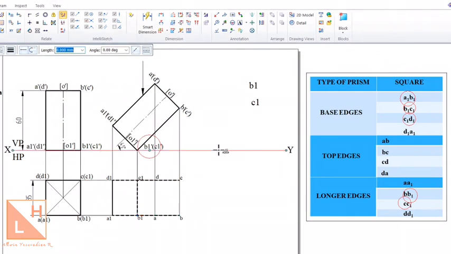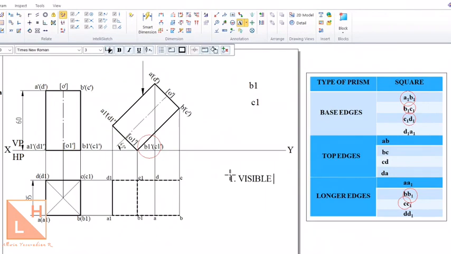But remember, while you are drawing the different types of lines in the projections, that is orthographic projections, you must remember that the first priority will be given to the visible edge, and the next priority will be given to the hidden edge. The third priority will be given to the axis line, and the fourth priority will be given to the projection line.